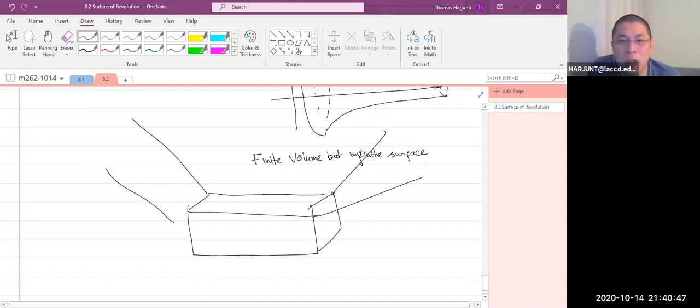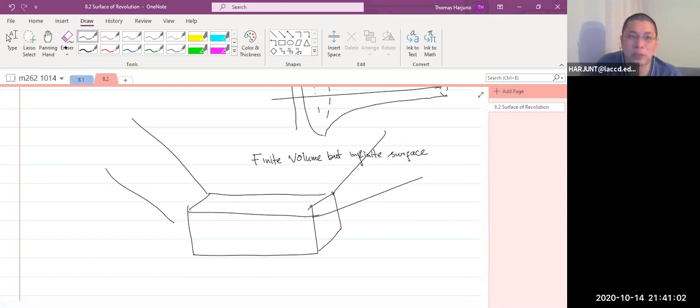Now we have a case where the volume is finite, but the surface area is infinite, which is actually strange.